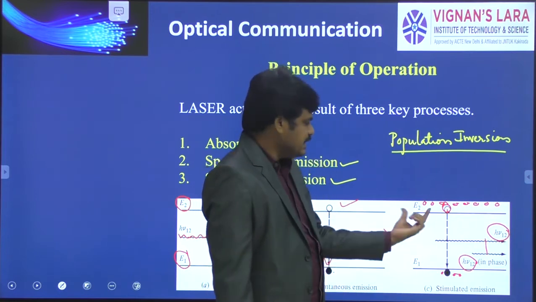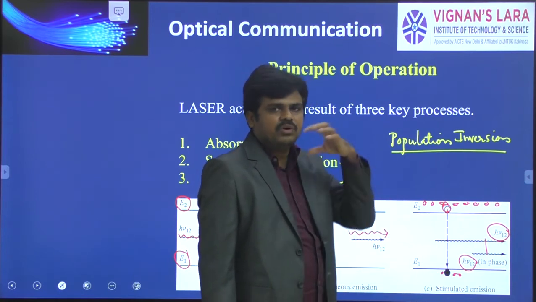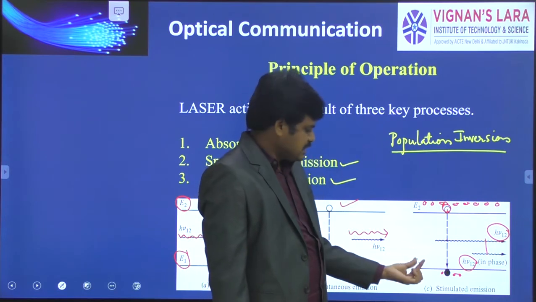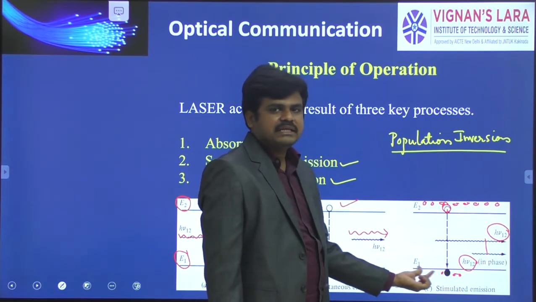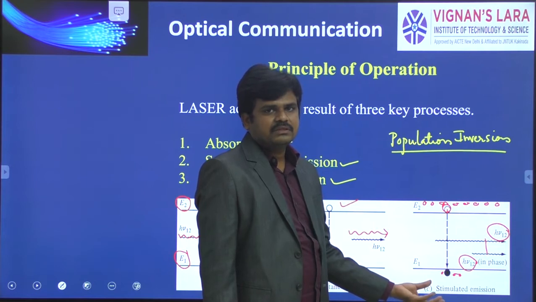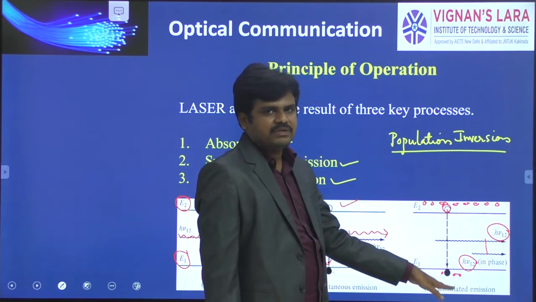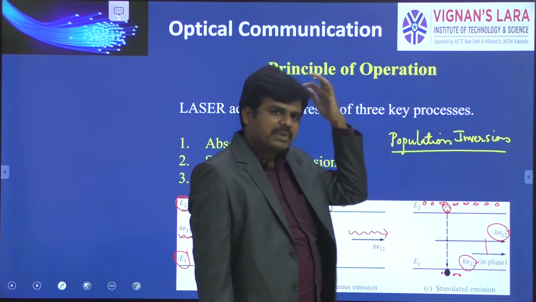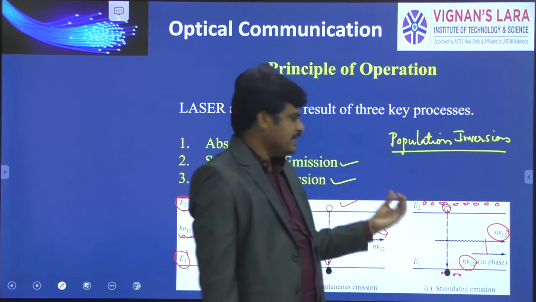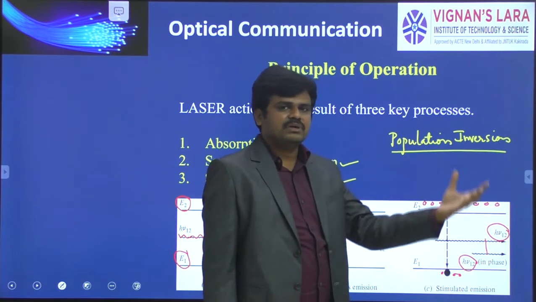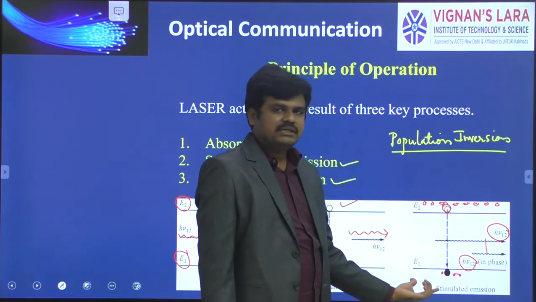That is, energy state E2 has more electrons compared to energy state E1. We know that the electrons present in E1 will be moving into E2, but why does energy state E2 have more electrons compared to E1?